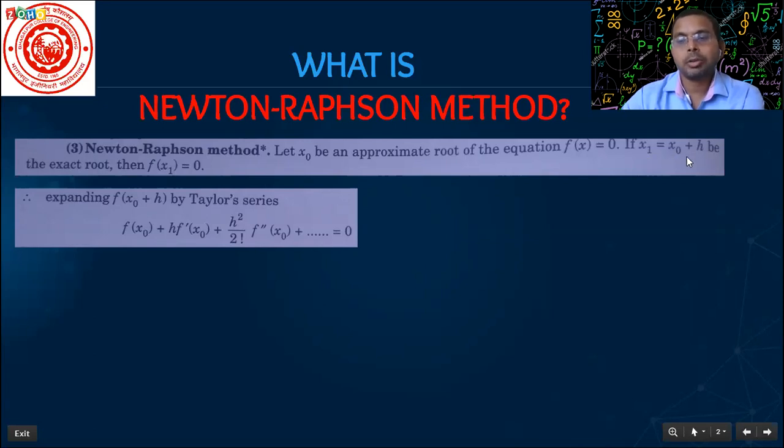So x1 is x0 plus h and the exact value f(x0 plus h), which is f(x1), can be expanded like this.